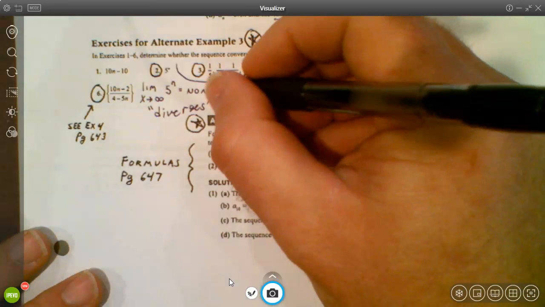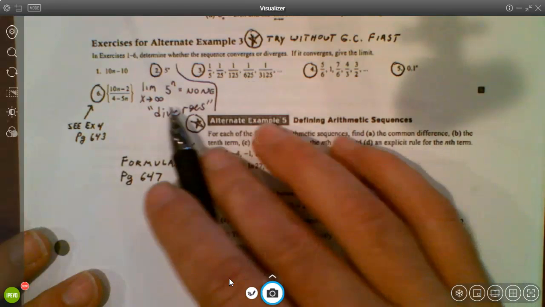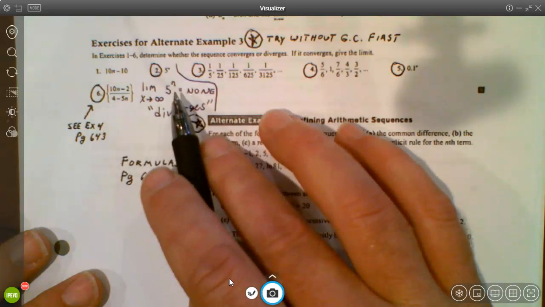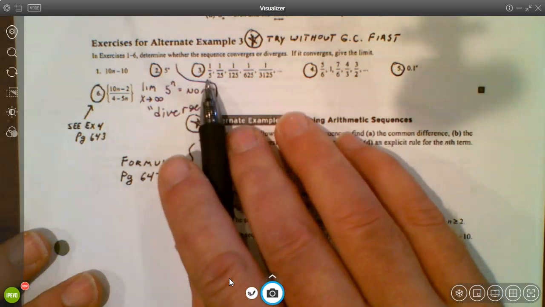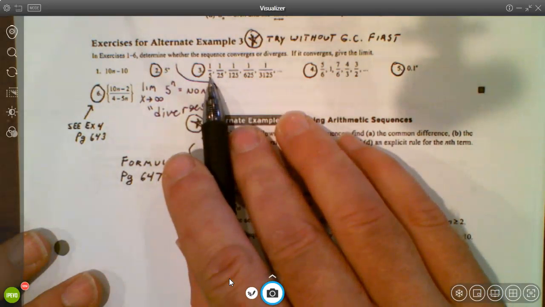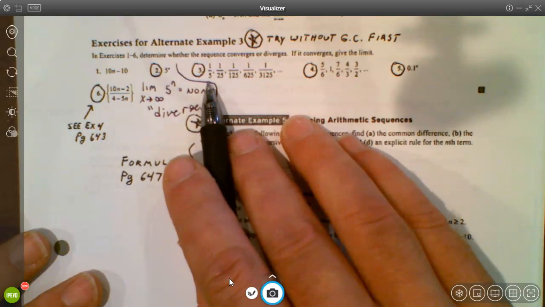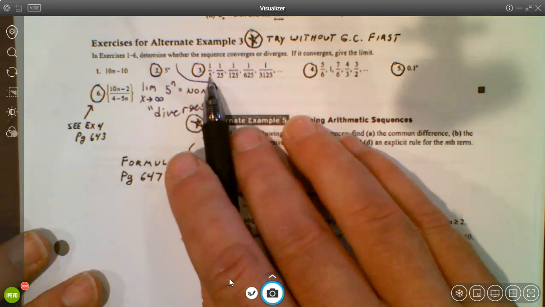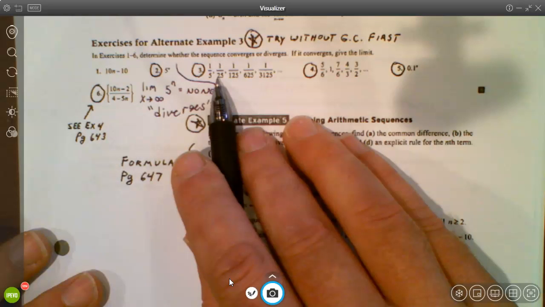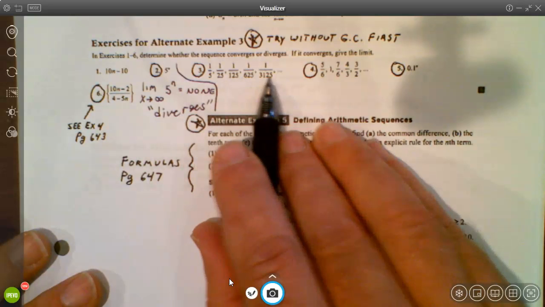We're going to say, and I'm going to have to identify an explicit rule for this in order to put it in these kinds of terms. So let's just do that first. If this is where n equals 1, where n equals 2, where n equals 3, you can see that these are powers of 5. So this would be 5 to the first power, 5 to the second power, 5 to the third power, 5 to the fourth, 5 to the fifth.